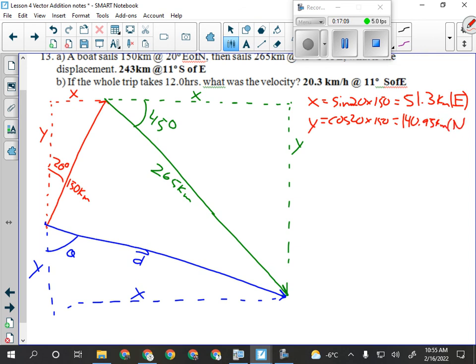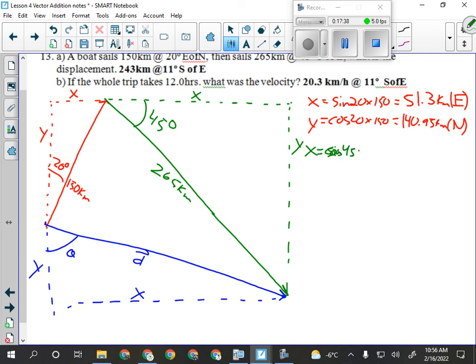kilometers north. Then for our green triangle, have I saved us a little bit of work with the green triangle? What did I do that would save us work? You made the angle 45 degrees. Yeah, I made the angle 45 degrees, which means x and y are this, right. Sorry, x is actually going to be the cos, not that it matters.